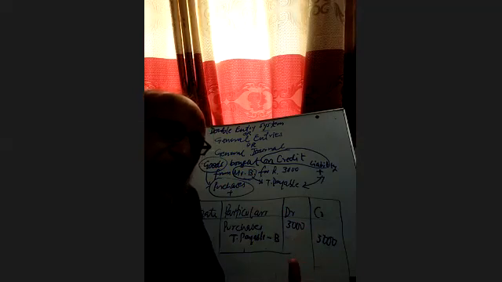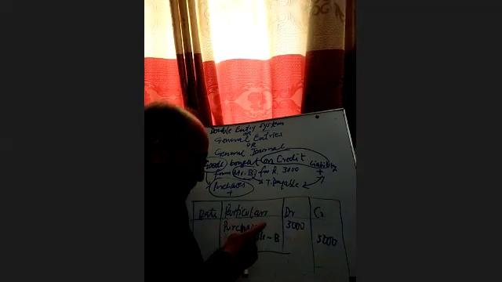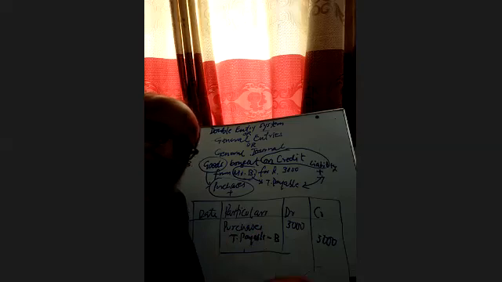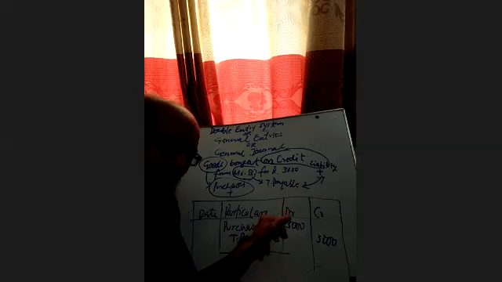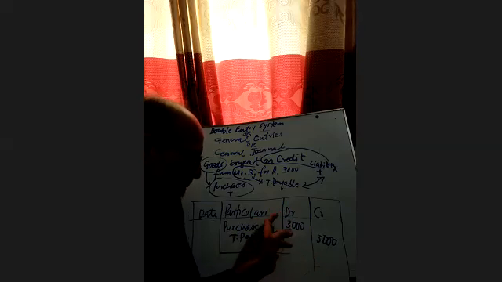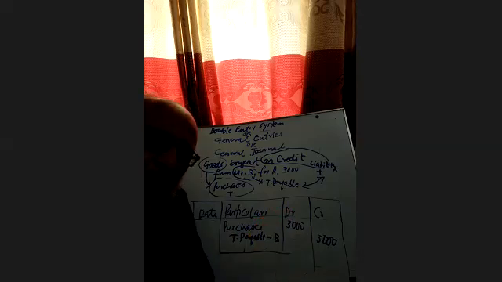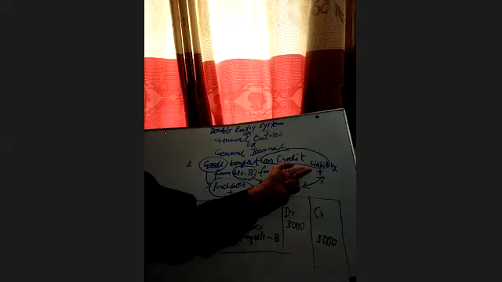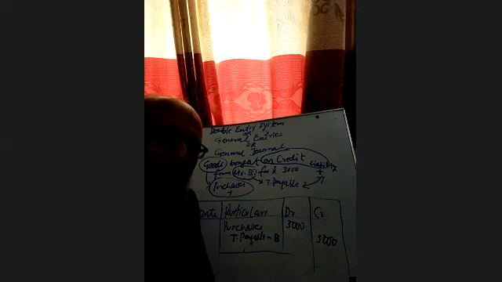So here you are buying goods, and when we buy goods, it is recorded as purchases. Purchases belong to expenses. When an expense increases, we debit it. So the increase in purchases is debited, and on the other hand our liability also increased. The increase in liability is credited.